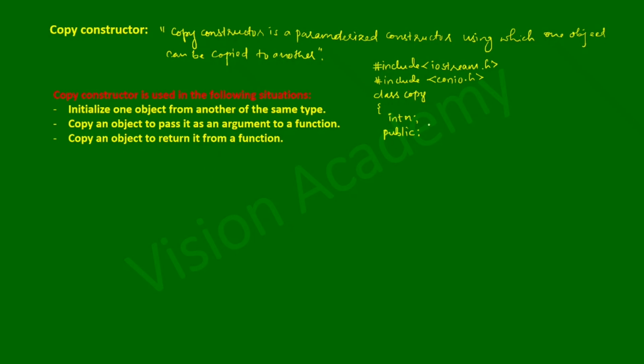So hence we have to write here copy, and inside the round bracket I'm going to pass one argument. For example, I'll take int x, curly open brace, and here the data member is n, that is going to be initialized with the help of this constructor. So here we have got the argument x. So x is going to initialize variable n.